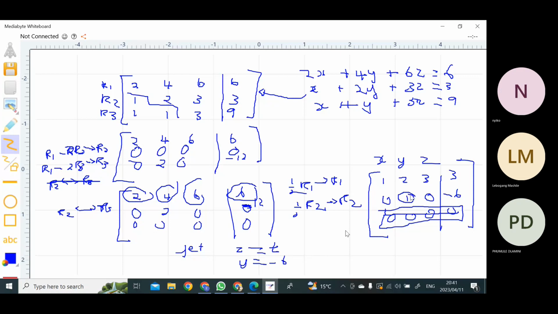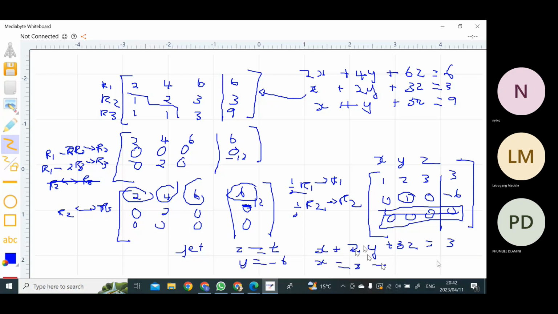When we solve this one, you will say x plus 2y plus 3z equals 3. Then your x is going to be equal to 3 minus the other two variables, taking them to the other side.